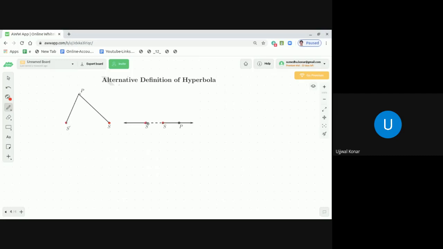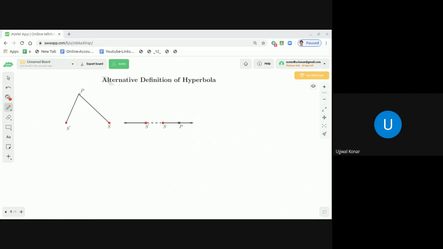These two are fixed points. And P is a variable point which moves in a plane such that the sum of its distances from these two foci, the points S and S', is such that SP plus S'P is equal to K, where K is a real constant.